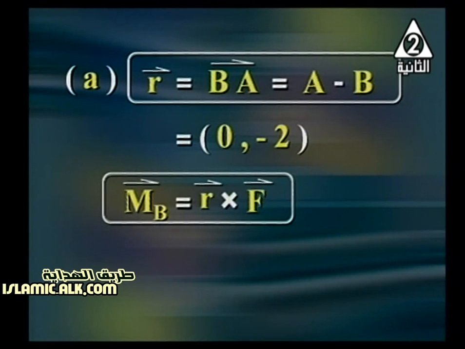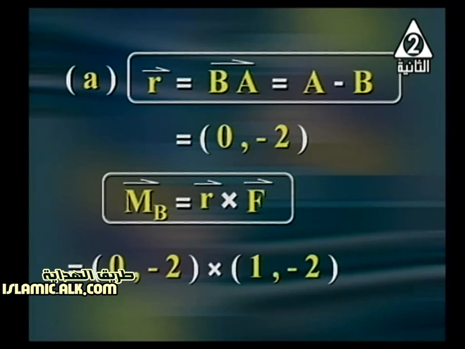Then the moment of the force about point B equals r vector cross F vector. (0, -2) cross (1, -2) equals what? x1 times y2 minus x2 times y1. The answer is 0 times -2 minus (-2) times 1 equals 2k. This is the moment of the force about point B.